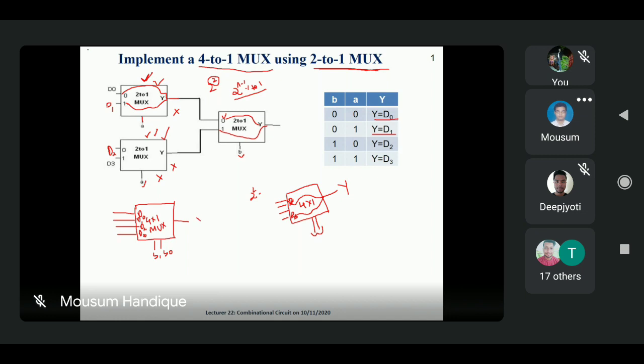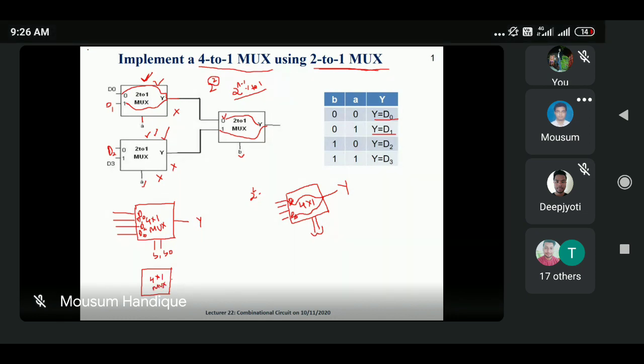This is the 1 mux. This one is S1. This one is S0.